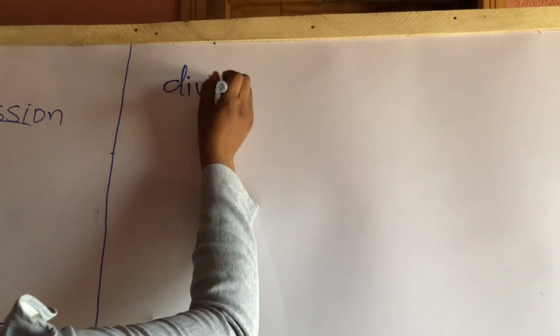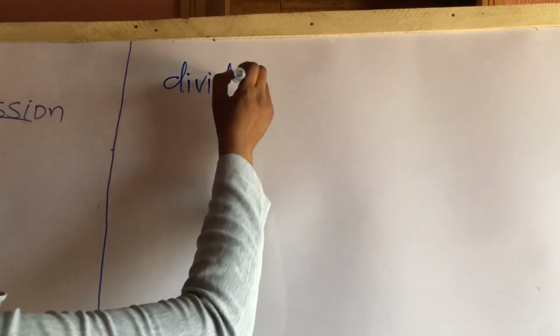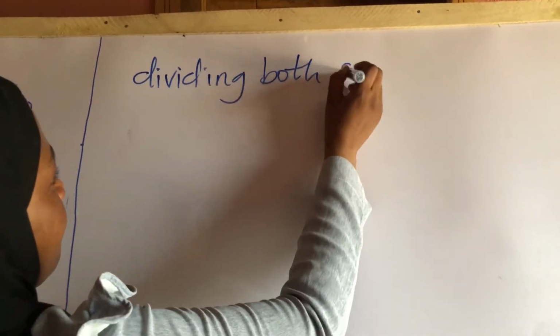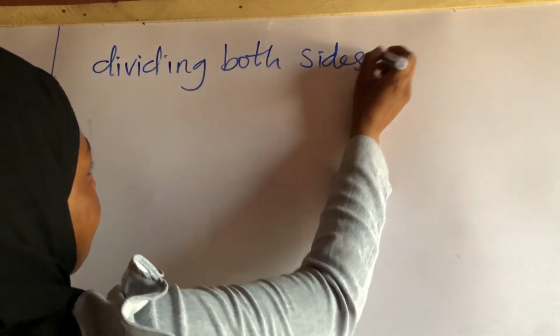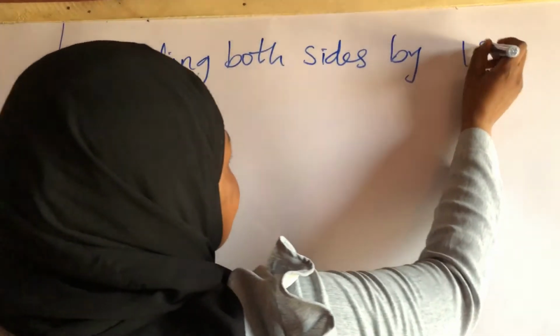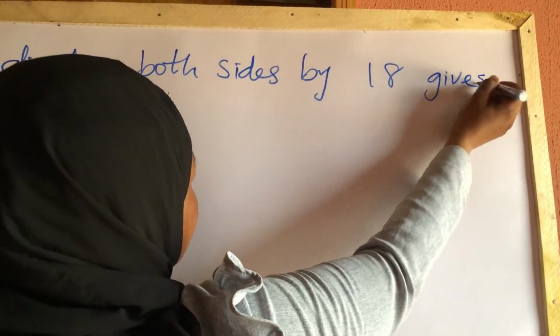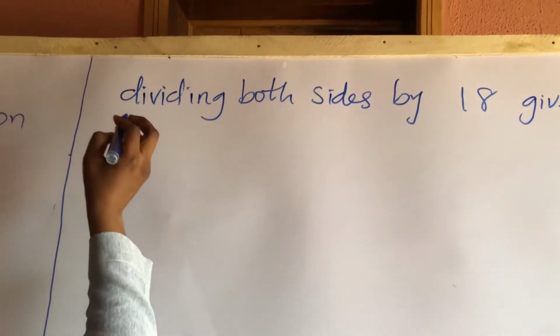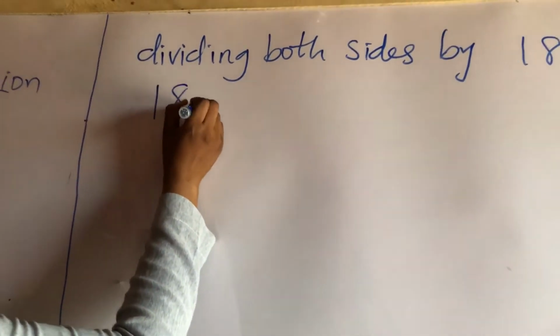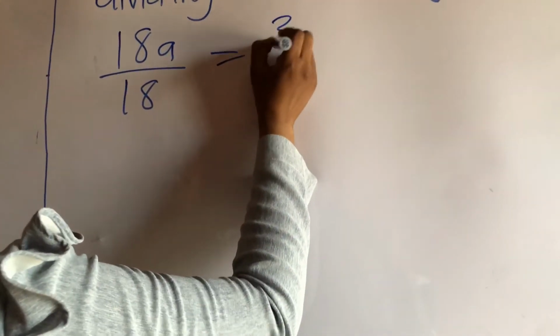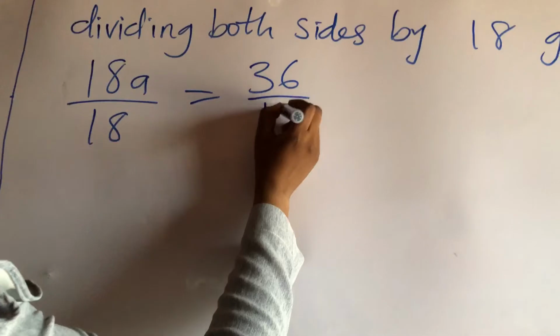Dividing both sides by 18, we obtain 18A divided by 18 is equal to 36 divided by 18.